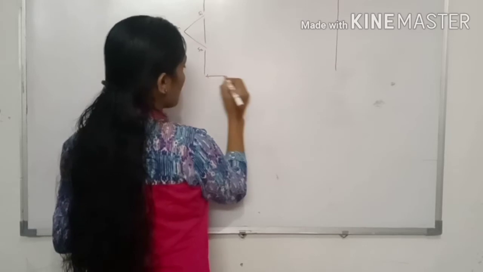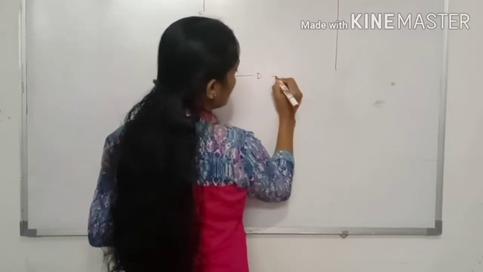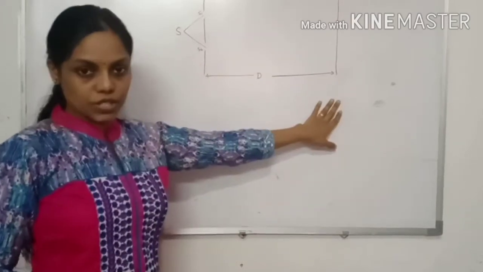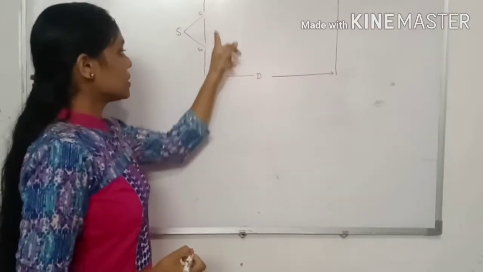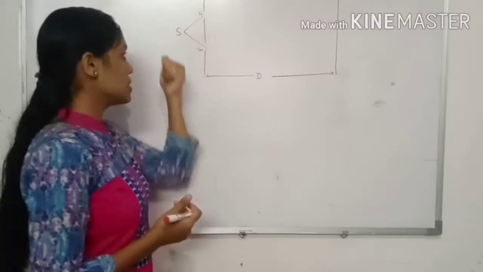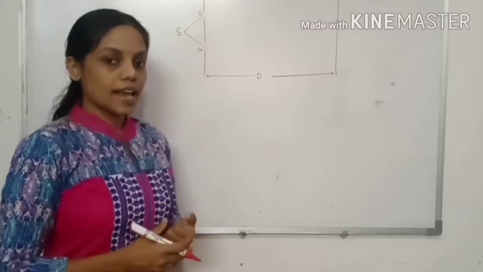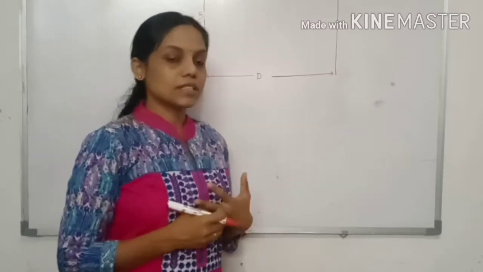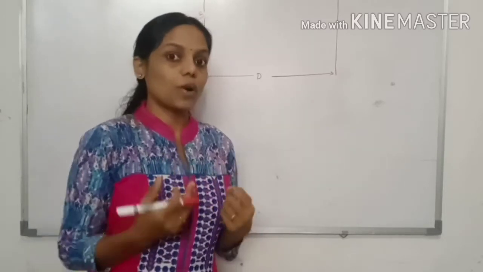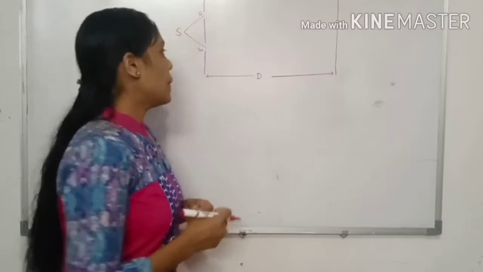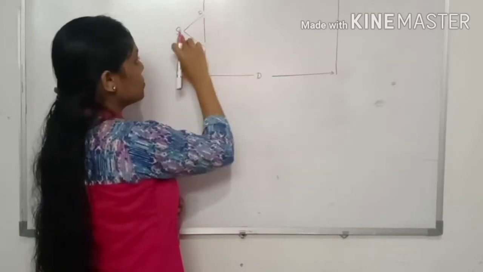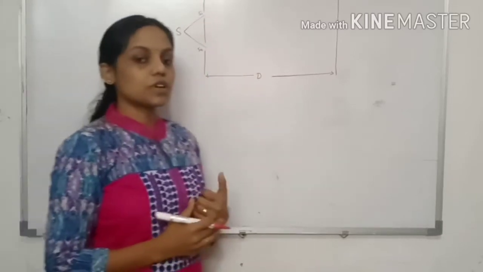Let capital D be the distance between the sources and the screen. These are the secondary sources from the primary source S. A monochromatic source has one wavelength, and S1 and S2 are equidistant from the source.